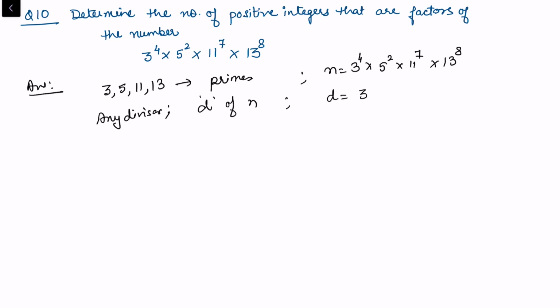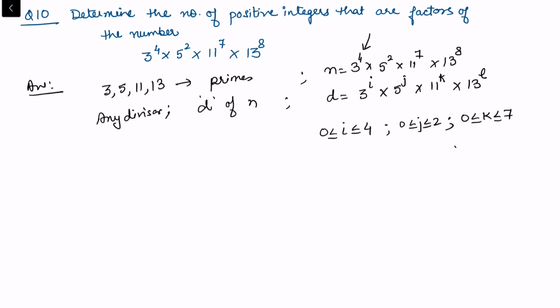So here we'll consider 3 to the power i into 5 to the power j into 11 to the power, let me call this k, into 13 to the power l. But of course there is a bound: i cannot exceed 4. Similarly, j cannot exceed 2, k cannot exceed 7 and l cannot exceed 11.